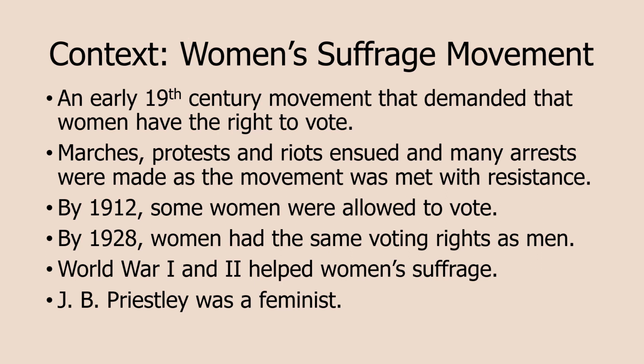This was mainly women of a certain age and women who had property. And then a bit later in 1928, with consistent pressure, the government eventually gave women the same voting rights as men. And so the women's suffrage movement was successful in achieving their aim, and then sort of continued to develop to get equality for women across many aspects of society.